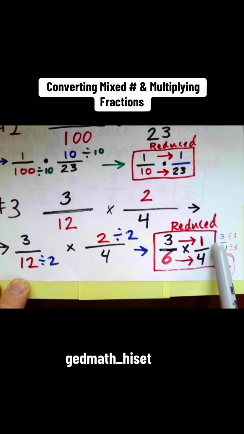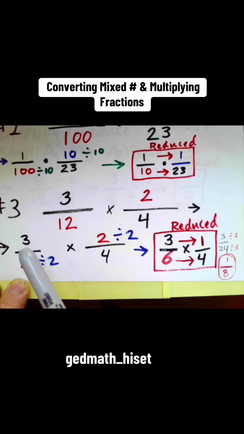This is not reduced fully because I know there's a number that can divide evenly into 3 and 24. 3 divides into 3 one time, and 24 divided by 3 is 8. So again, I could have reduced 3 over 12, because 3 divides evenly into 3 and 12, into 1 over 4.